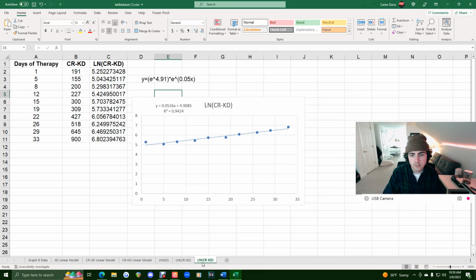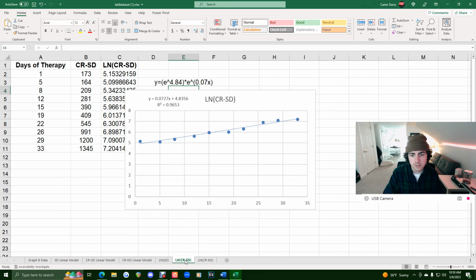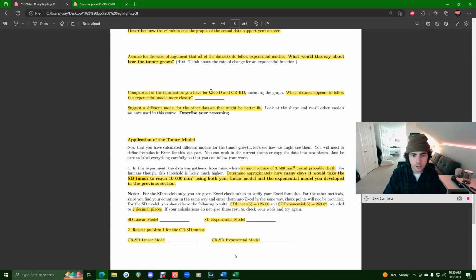So that's 9.4, this one's 9.6, 9.7. So I would say CRSD appears to follow the exponential model more closely, because once you converted it to a linear model and found the r-squared value, it matches it better.